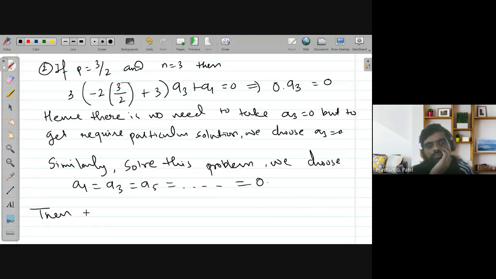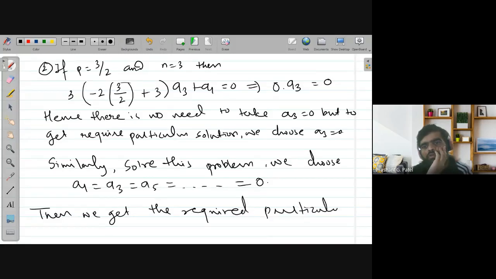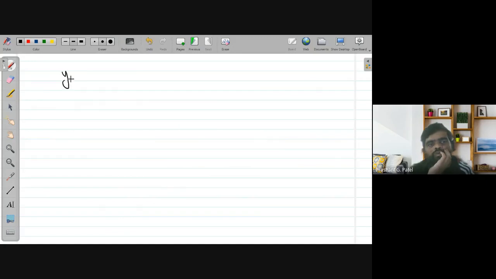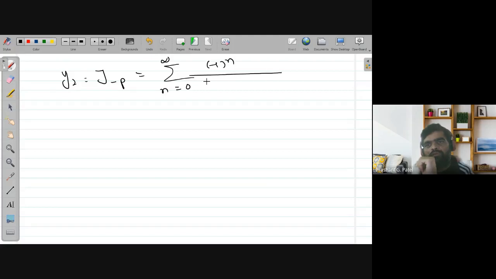Then we get the required particular solution will be y2 is J of minus p, which is equal to summation n running from 0 to infinity minus 1 raised to n upon n factorial into n plus p factorial, x by 2 power 2n plus p. This is the situation we got.